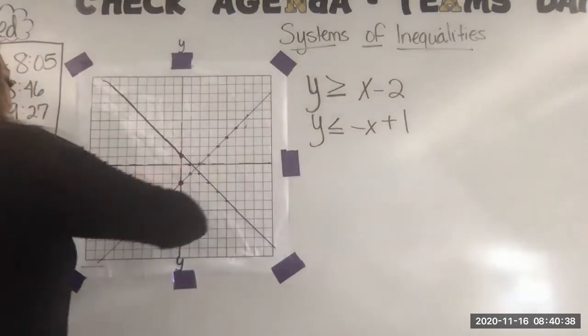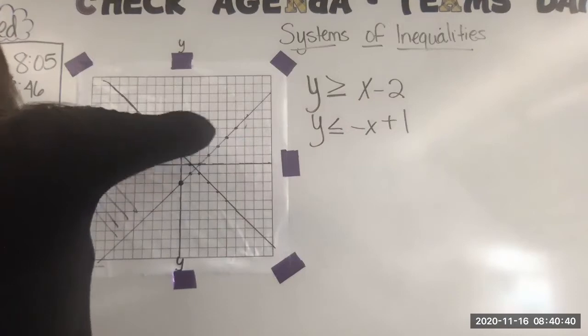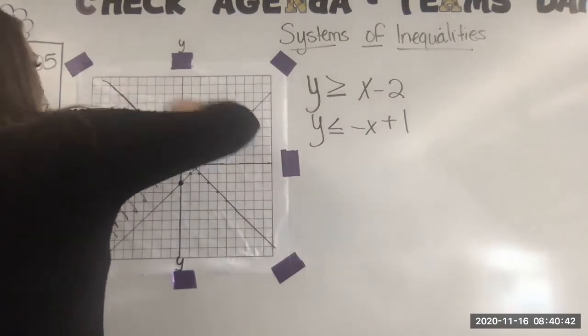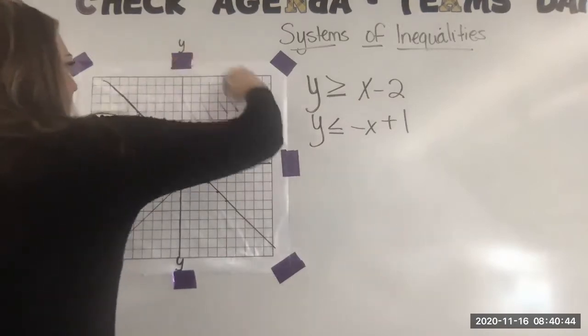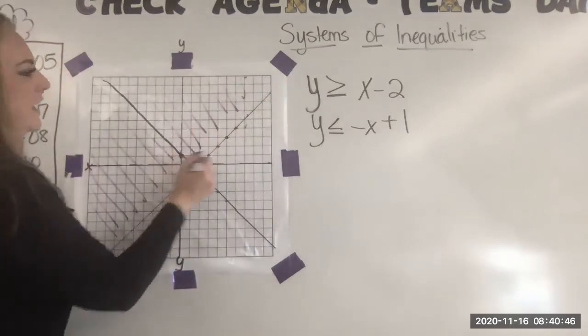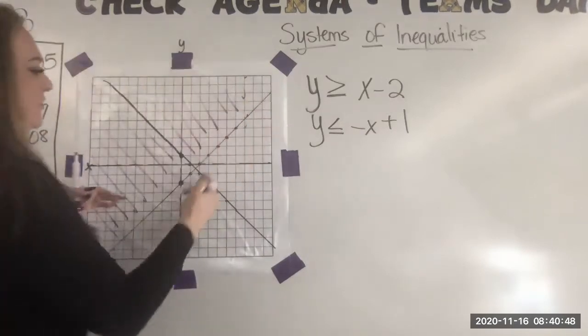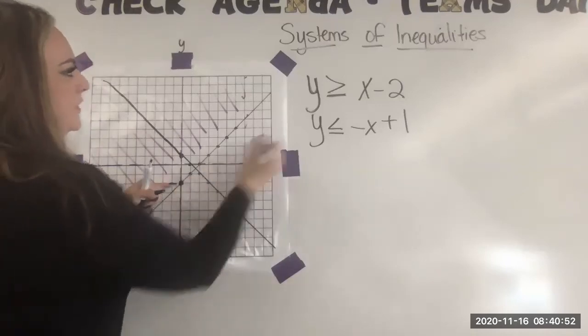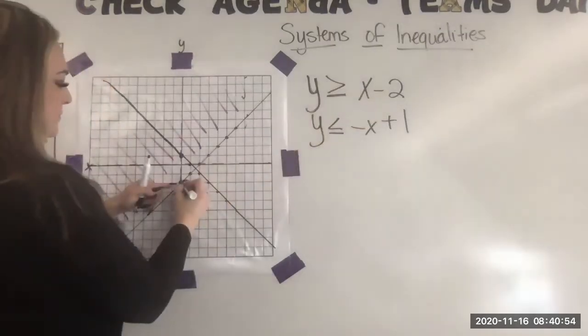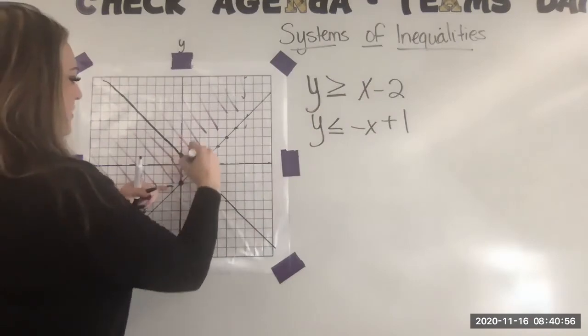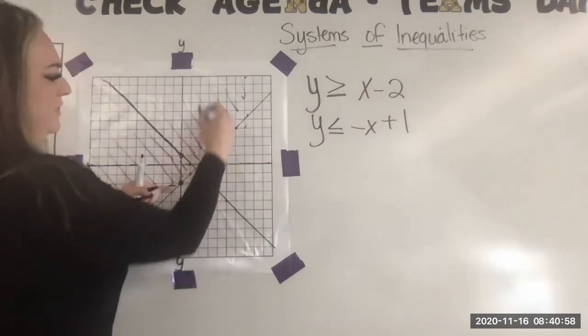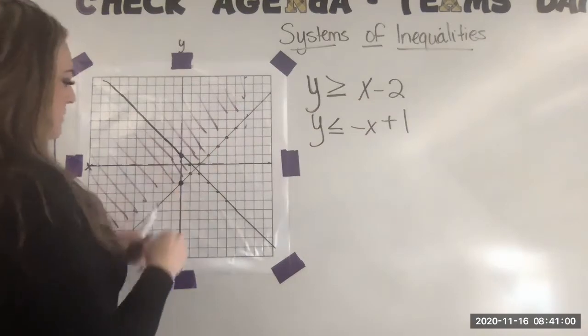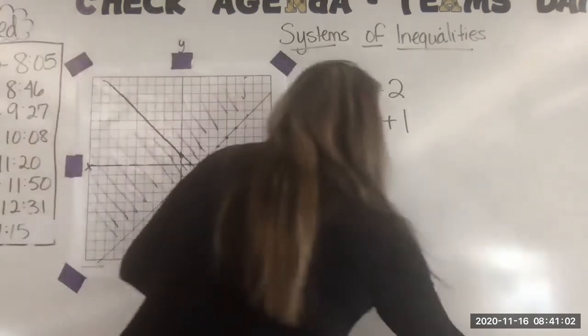We want everything that is greater than this line for y. One trick that's helpful if you're not sure is to look at your y-axis and look at your y-intercept for the line. You want values that are greater than that for y, so you're going above the line. Okay? Let's look at the other one.